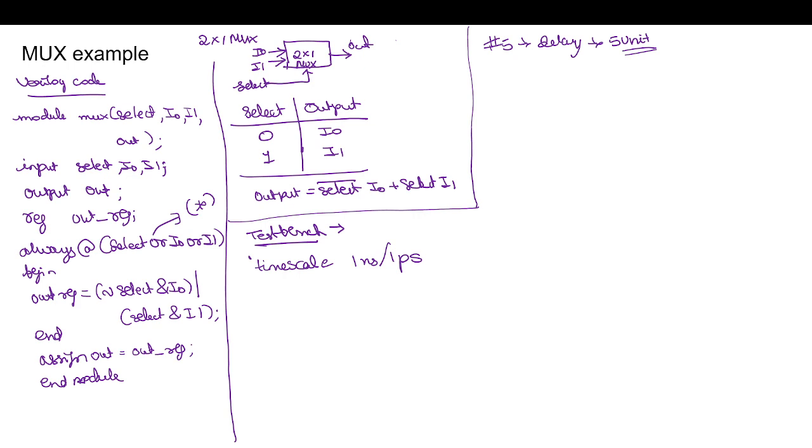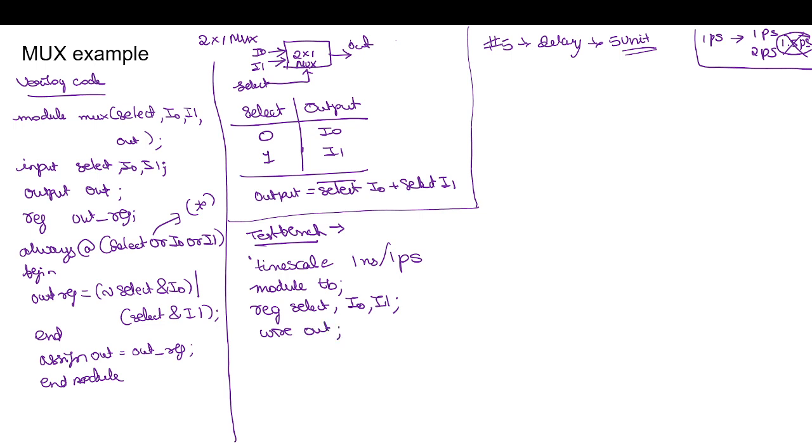So if it is 1 picosecond, it will detect 1 pico, it will detect 2 pico, but if you give 1.5 pico, it won't be able to detect. And then module testbench, no ports, and then inputs as reg followed by wire output port, and then instantiation of the module.